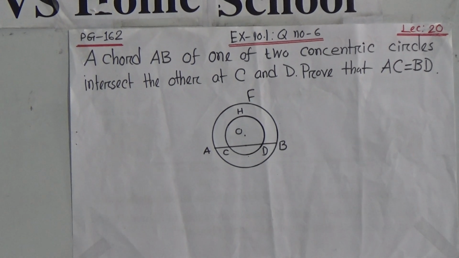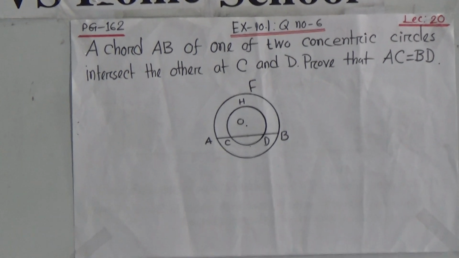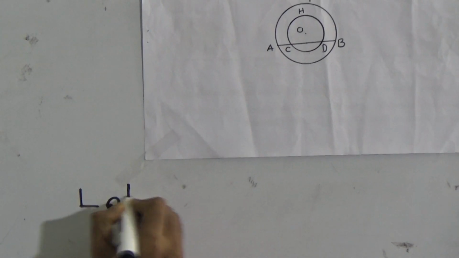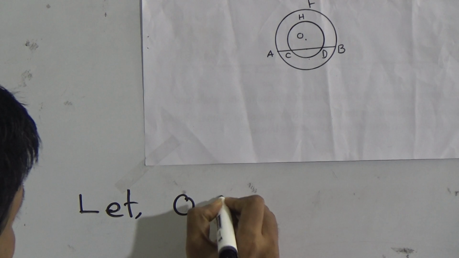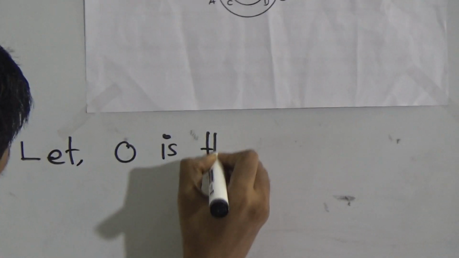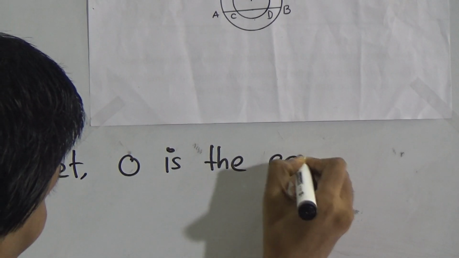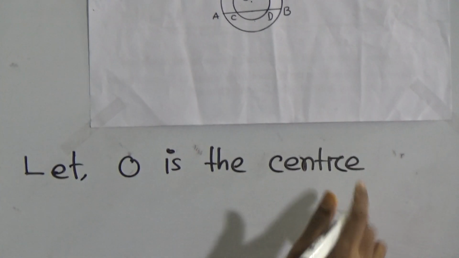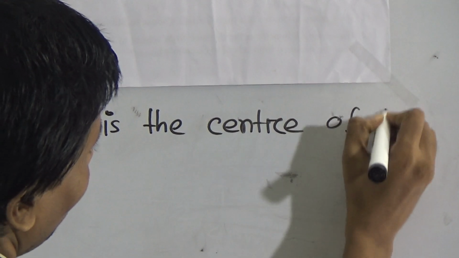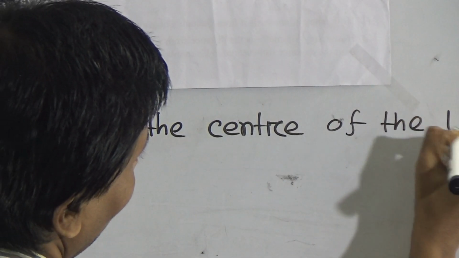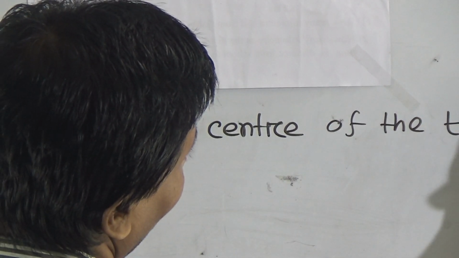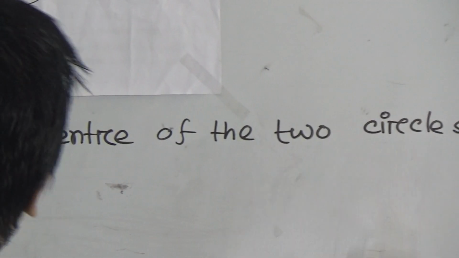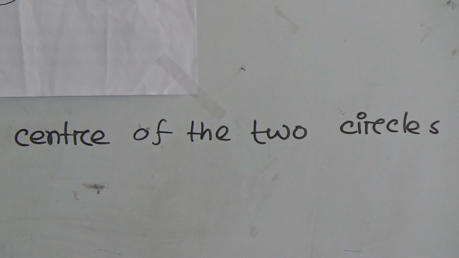Okay, let's start. Look, let O be the center of the 2 circles.